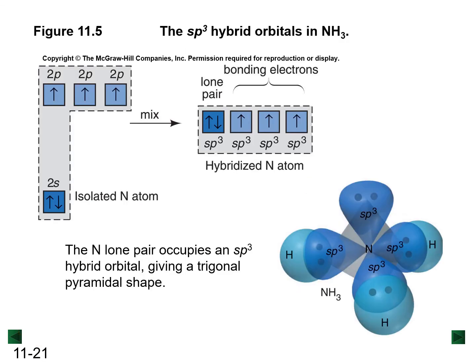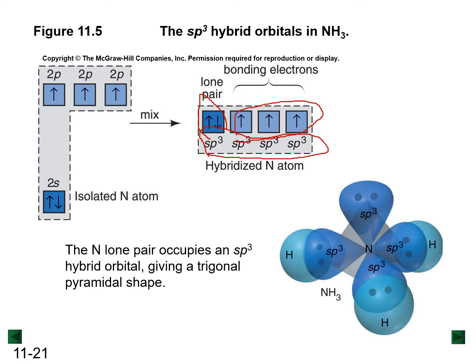Okay, here is the result of mixing one s orbital with 3p orbital forming 4 sp3 hybrid orbitals. And we can see that one of the sp3 hybrid orbitals is filled with lone pair electrons, and the other 3 sp3 hybrid orbitals will be used for bonding.